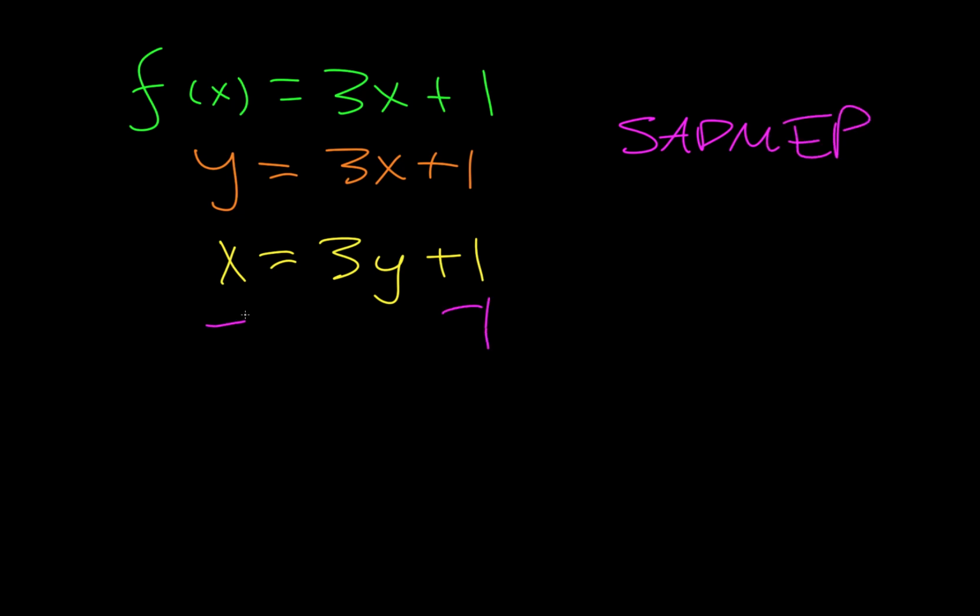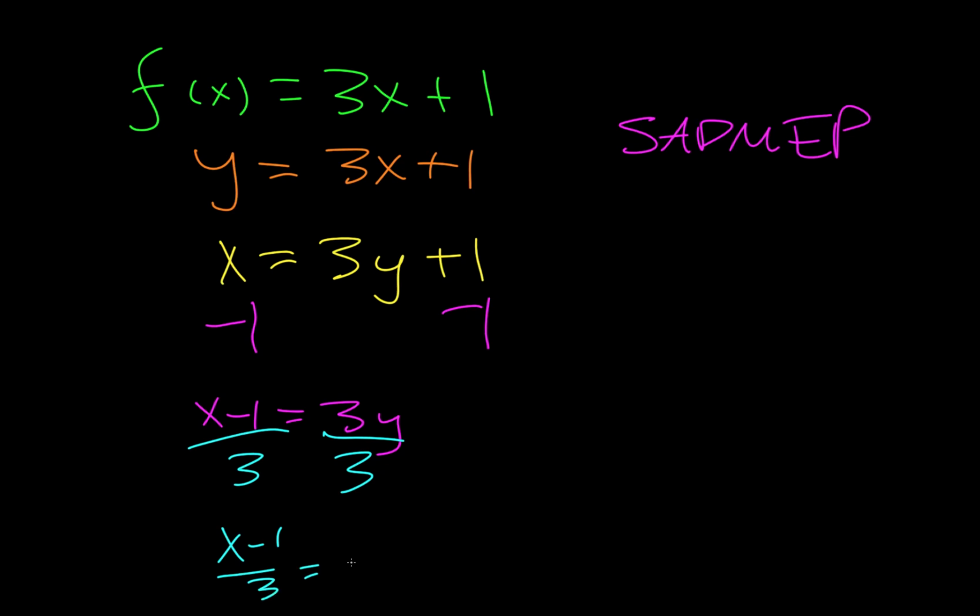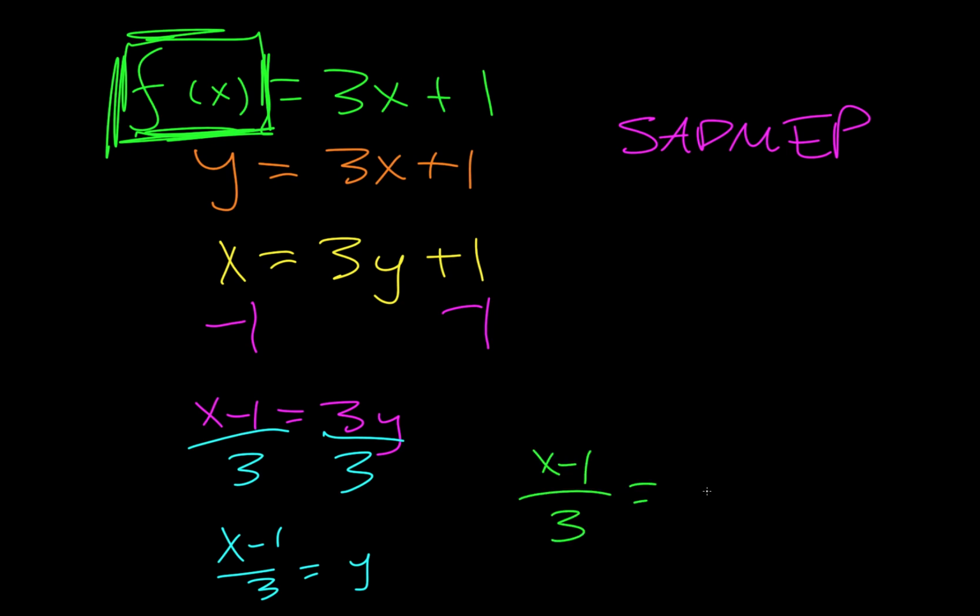So we will subtract 1. We get x minus 1 equals 3y. And the last step on the algebra is to divide both sides by 3. x minus 1 over 3 equals y. And then the final step is we want to come back to the beginning and name our function the same thing. So this is going to be x minus 1 over 3 equals f of x.